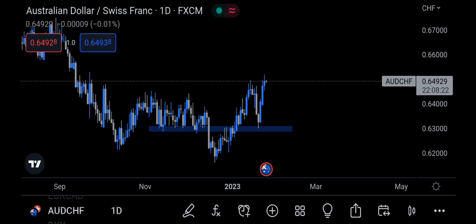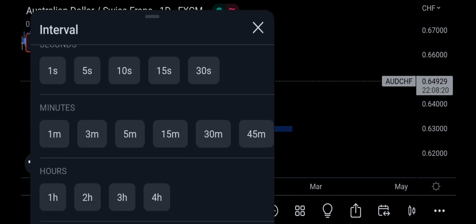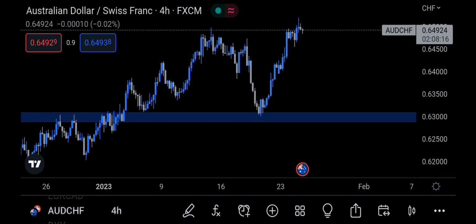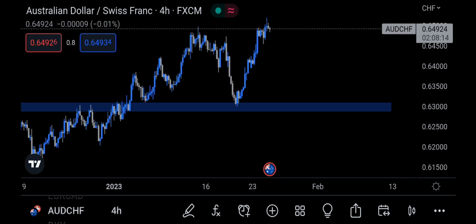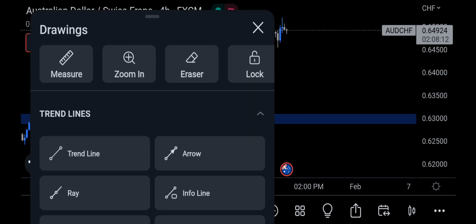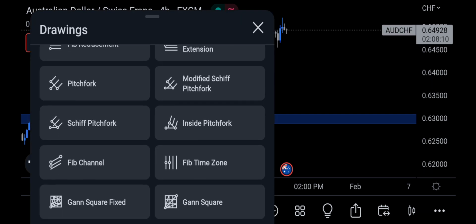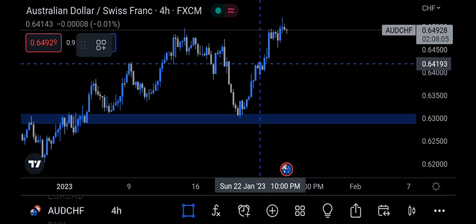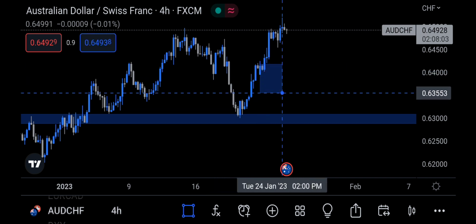I'll go as low as the 4-hour time frame to refine entry for us, which is a possibility in the market. So currently we can see that in all this move to the upside, we have an area of demand, which is this zone here.